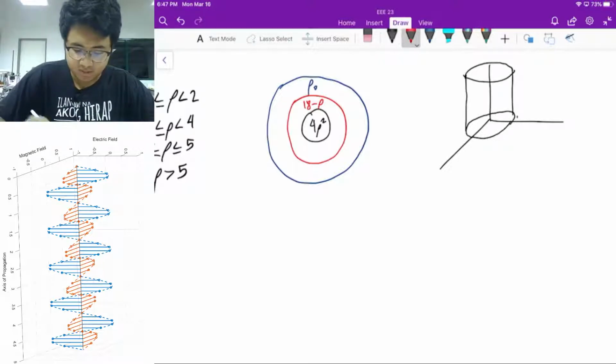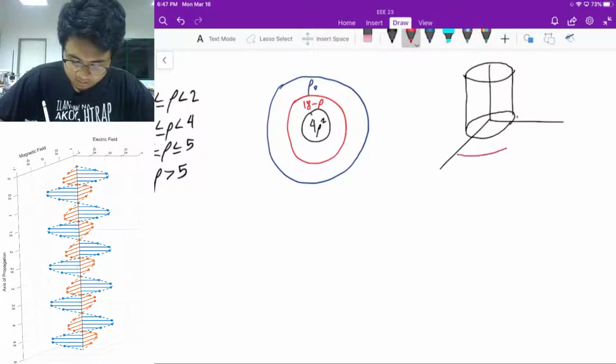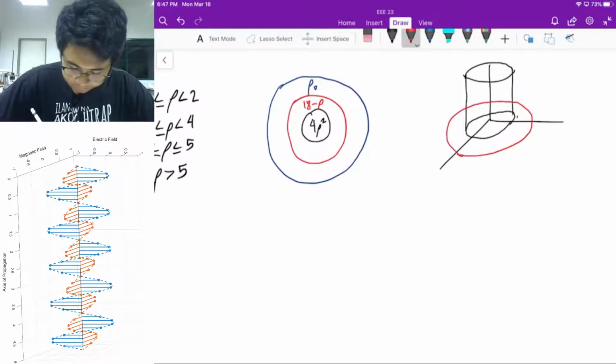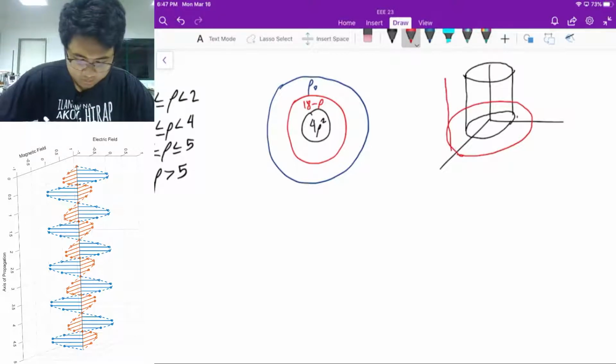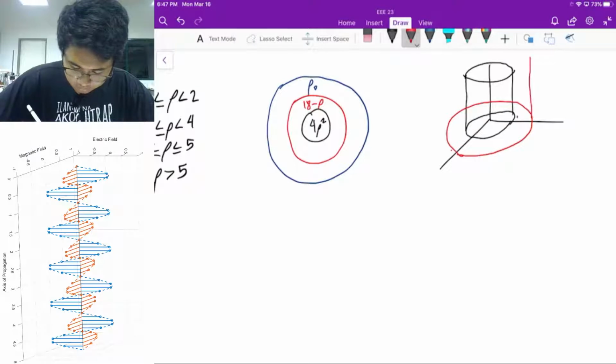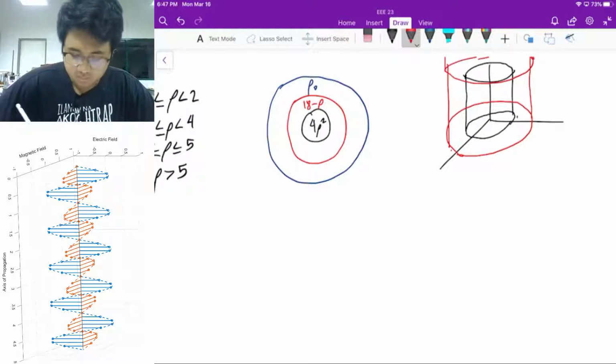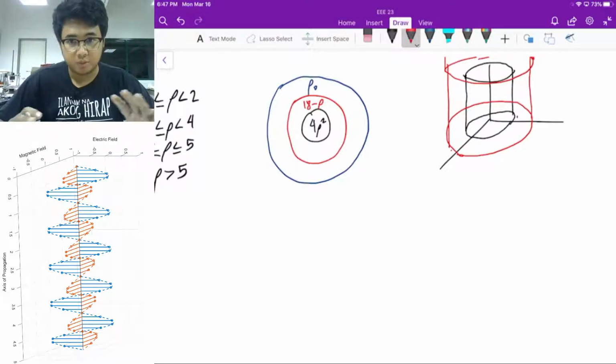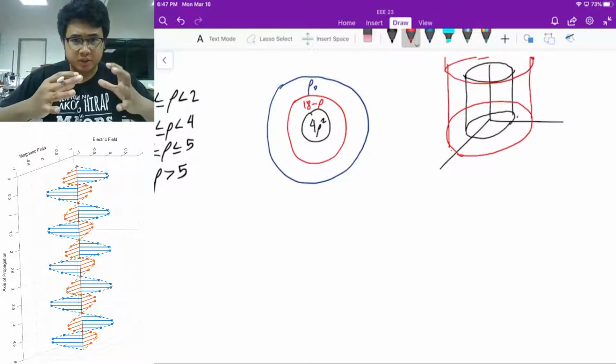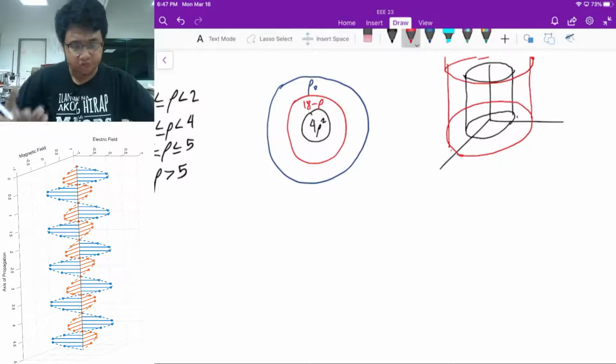Okay. So this is the first layer. The second layer looks like this. And so on and so forth. Right. So basically, you have cylinders within a cylinder within a cylinder.